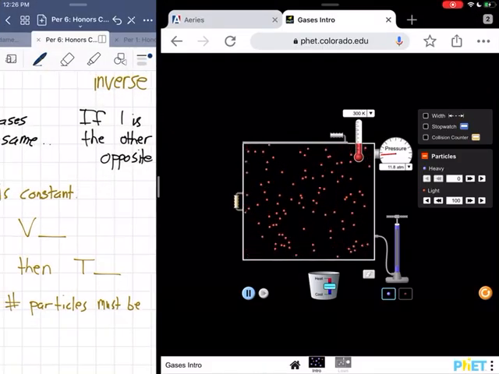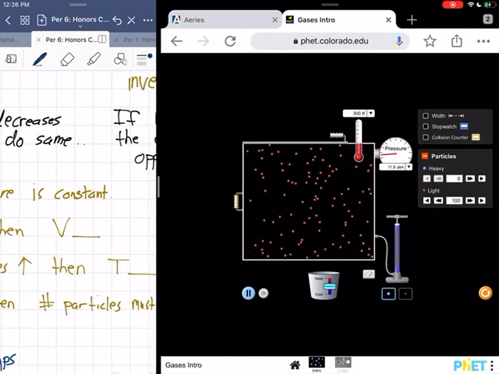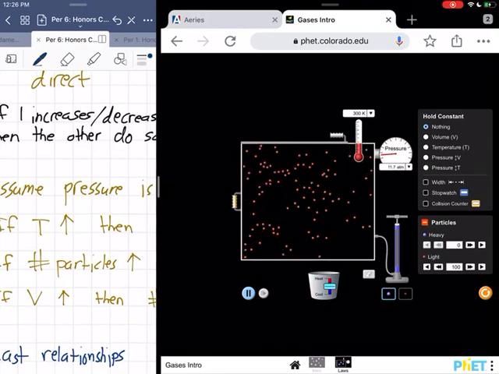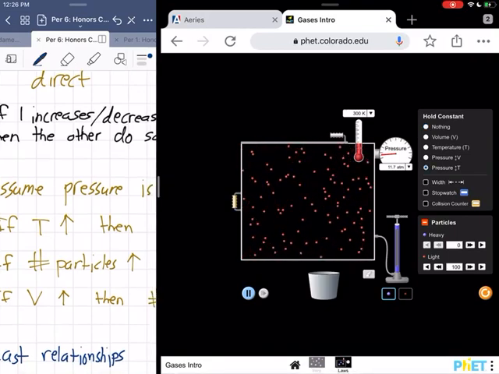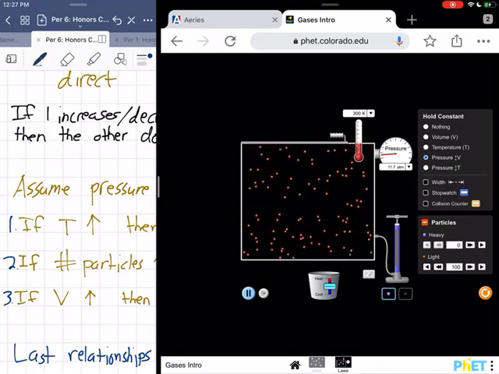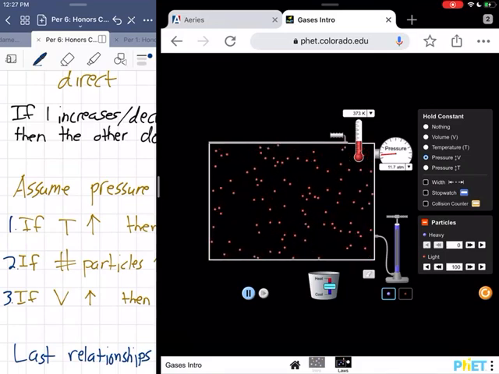Here we go. So if temperature is increased, then volume will do what? And we again are assuming that pressure is constant here. So I am going to set pressure constant, and where I can still change the temperature. All right, so if temperature is increased, remember pressure is constant here, then my volume is going to increase as well.